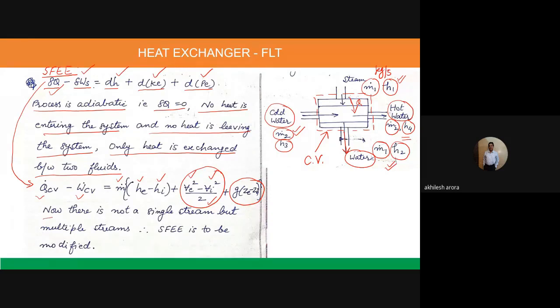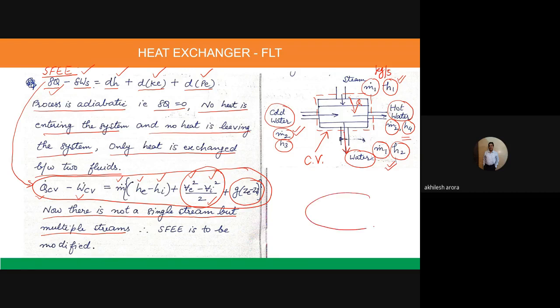Now, there is not a single stream but multiple streams. This equation which we have derived earlier was derived considering a single stream. Single stream means one stream is entering and one stream is leaving. I think you might remember that we considered a control volume like this, a system like this, with only one inlet and only one outlet.